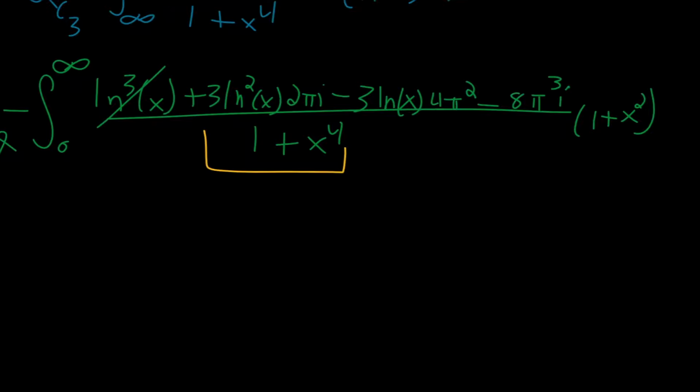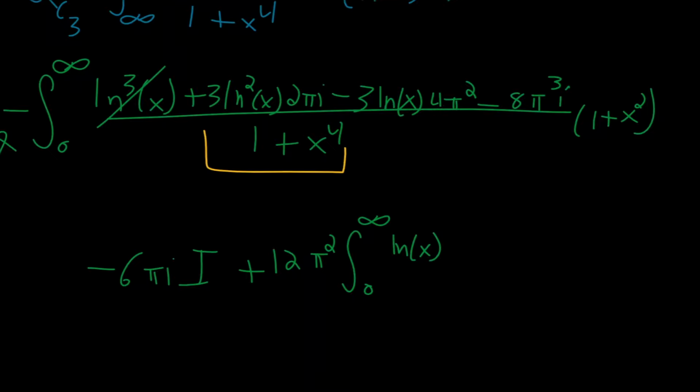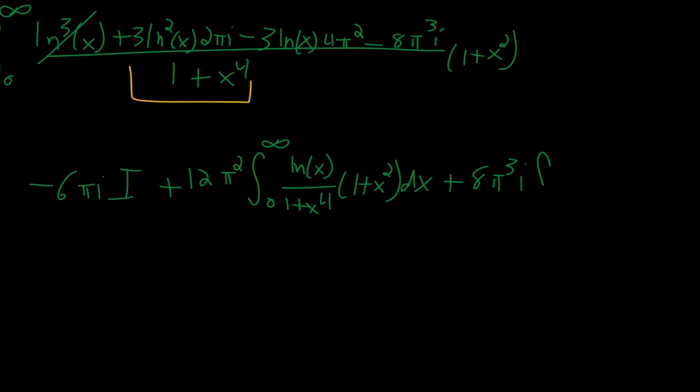So, simplifying this a little bit, we have minus 6 pi i times big I, our integral, plus 12 pi squared times the integral from 0 to infinity of natural log of x over 1 plus x to the 4, and then 1 plus x squared dx, and then plus 8 pi cubed times i, and then times this integral right here, the integral from 0 to infinity of 1 plus x squared over 1 plus x to the 4 dx.